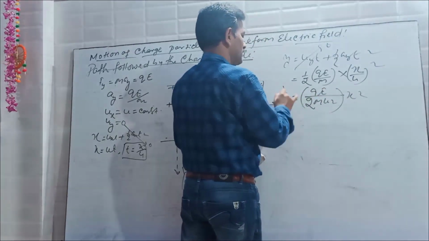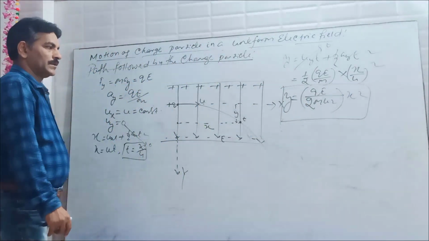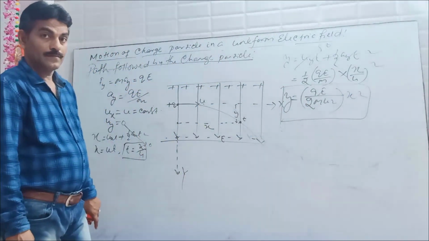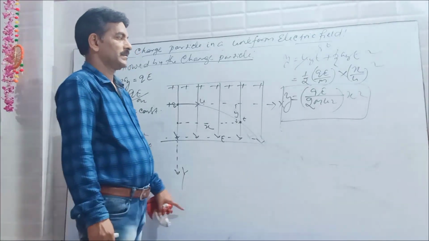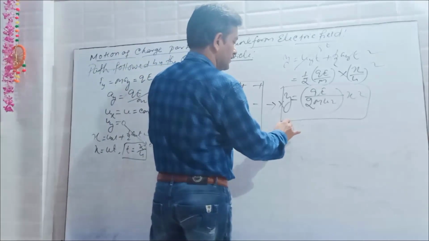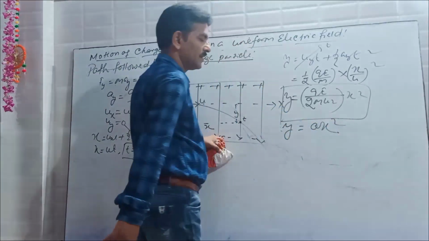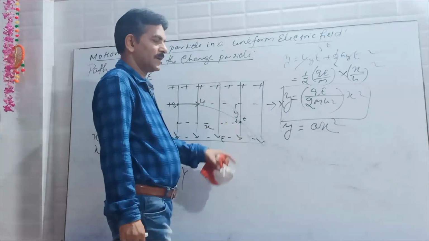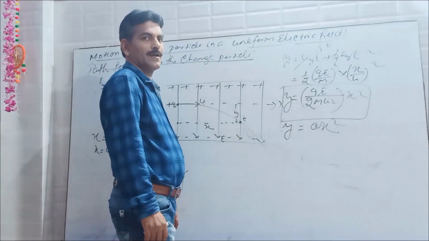This is the equation relating the instantaneous position y and x for a charge particle, which mathematically is in the form of y equal to a x square. This is the equation of a parabola.